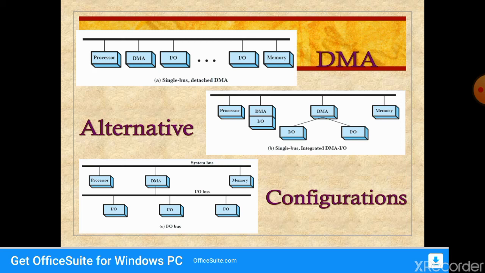So the interruption of the CPU for access of the system bus is reduced here. In figure C, a separate input-output bus is provided so that the processor is not disturbed in between its execution, so that the DMA completely takes care of data transfer between all the input-output devices.